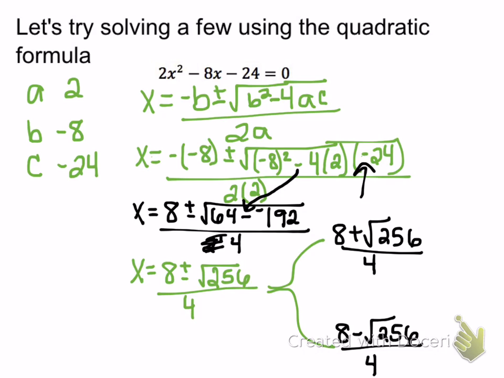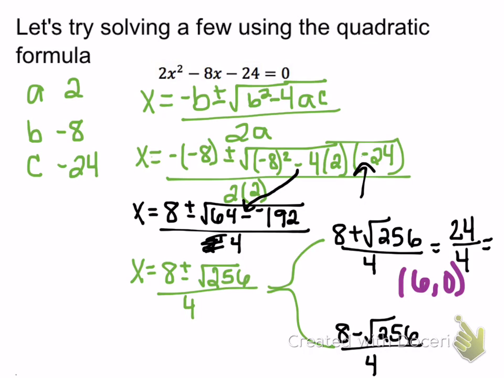When I simplify this, 8 plus the square root of 256, I get 24 divided by 4, which ultimately equals 6. So since we're finding x-intercepts, I'm going to write it as a point. So it's going to be 6, 0. That's my x-intercept.